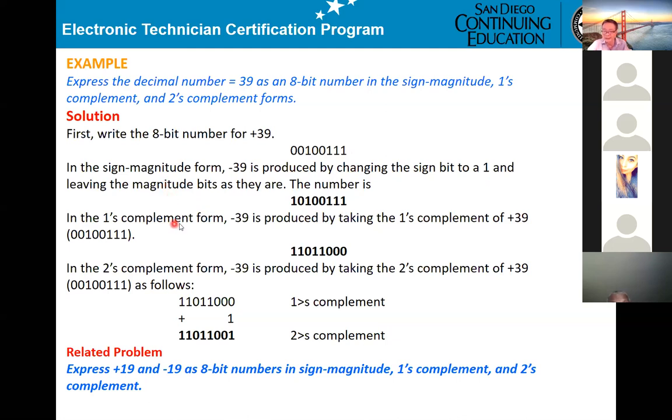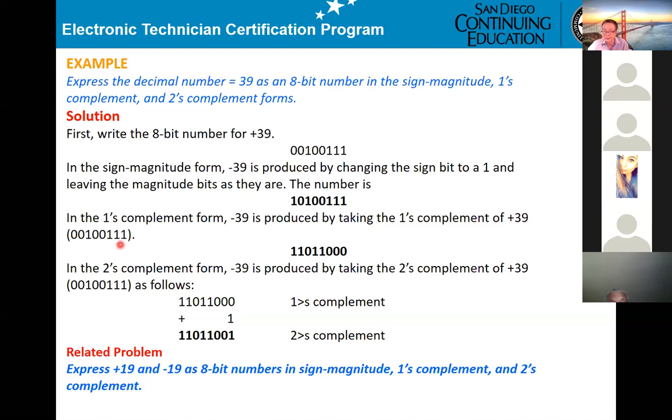Now, in the first complement, you understand that first you get the number 1 for negative. Then you must convert 0100111 here to the first complement, changing 1 to 0 and 0 to 1.